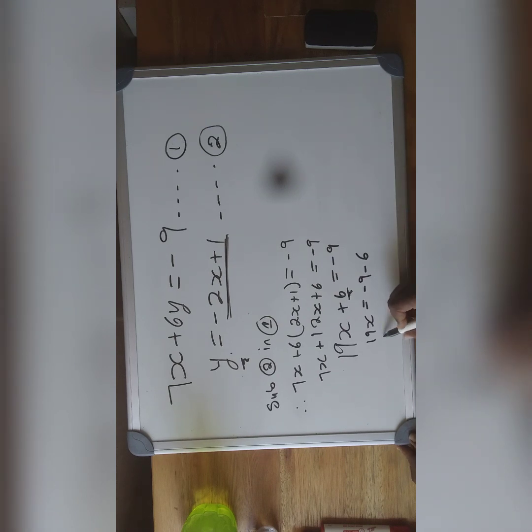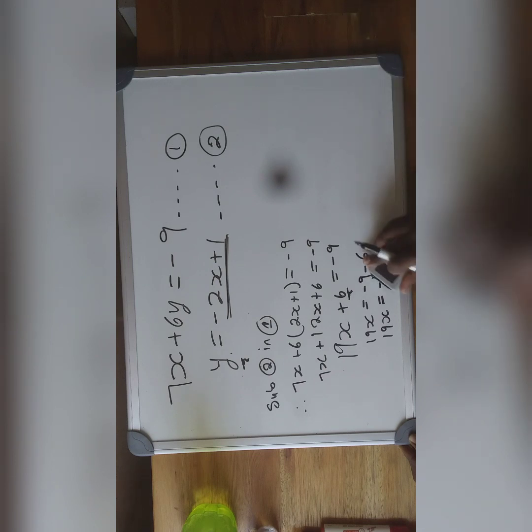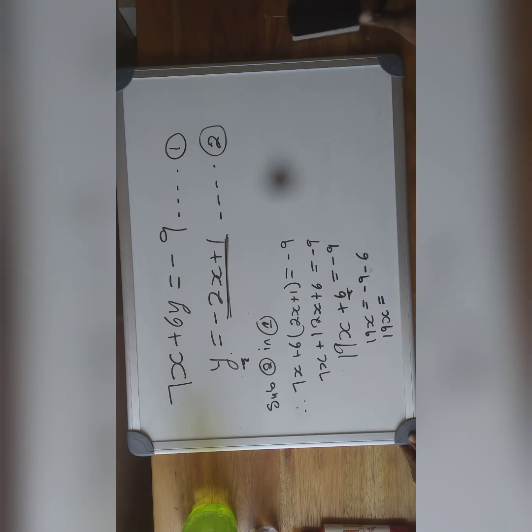From here, we know that both are negative, so when we add them, we're going to get a negative answer. So it's going to be negative 15. Let me just write it quite well. It's going to be negative 15.